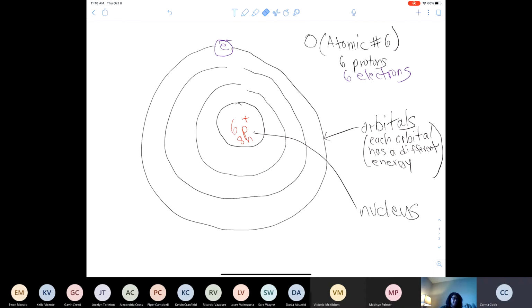Let's see. It is actually atomic number 8. I have to remember. Let me make sure.